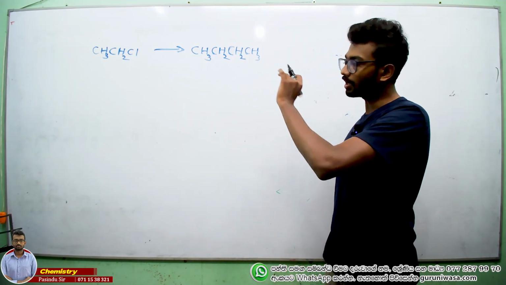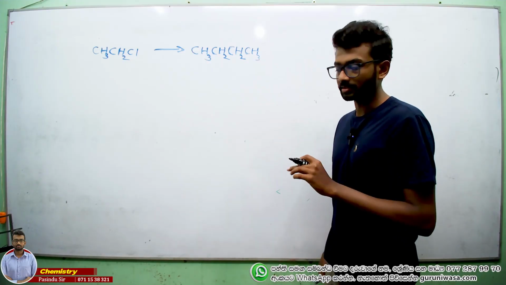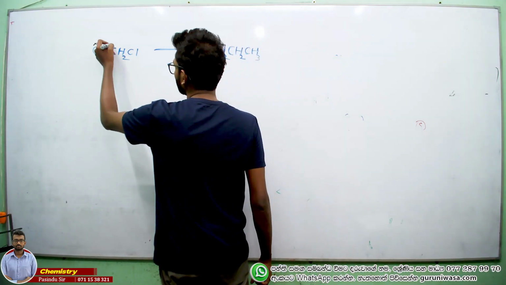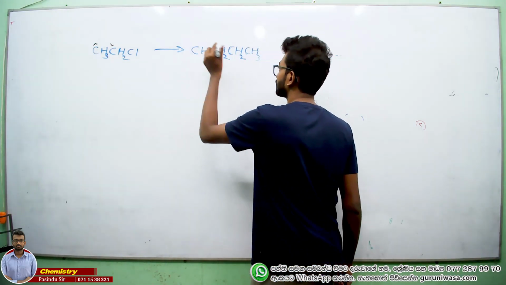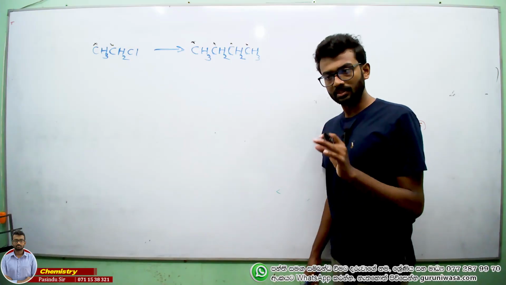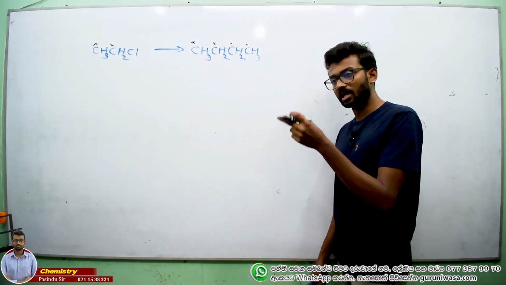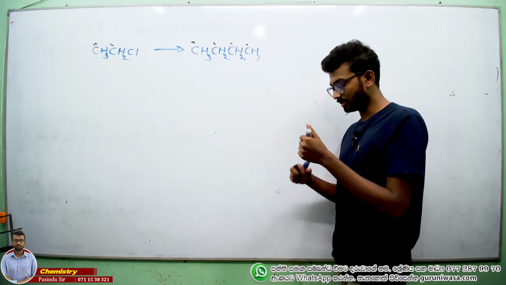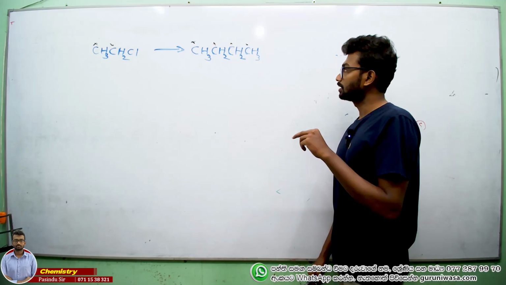First, check the number of carbons. Here, how many carbons? 2 carbons. Here, there are 4 carbons. That means the number of carbons is doubled during the conversion, so you have to double the carbon chain.